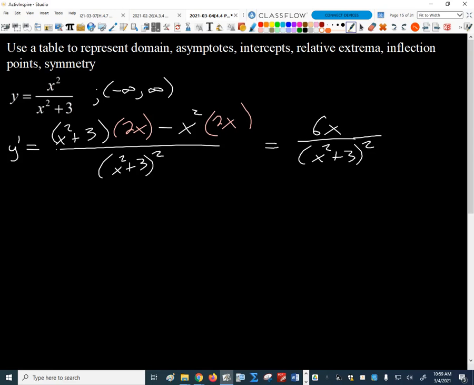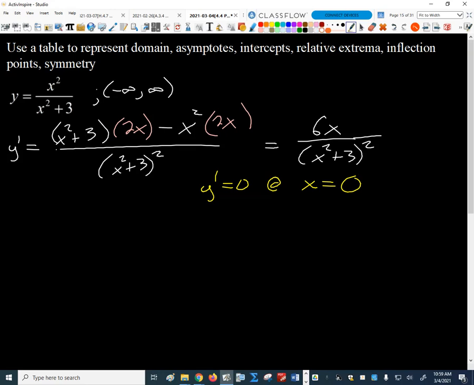You can just type in chat yes or no too. Okay, good. The bottom is never 0, is it? Where is our first derivative equal to 0? Y prime equals 0 at x equals what? Okay, I'm seeing lots of zeros there. Everybody agree? The numerator is 0 when x is 0. Okay, so we got critical numbers.